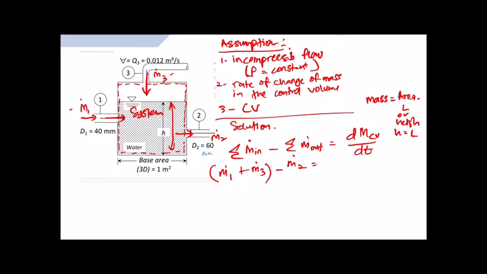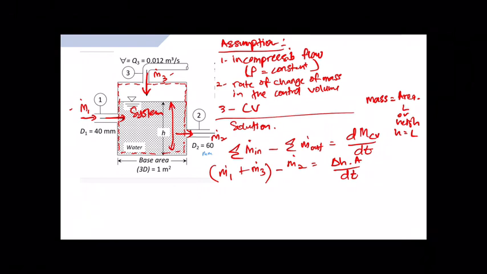So how can we write this? We write delta h, because delta h is changing, times area over time. You got it? I hope you got it. Because delta h over dt, h is changing over time.